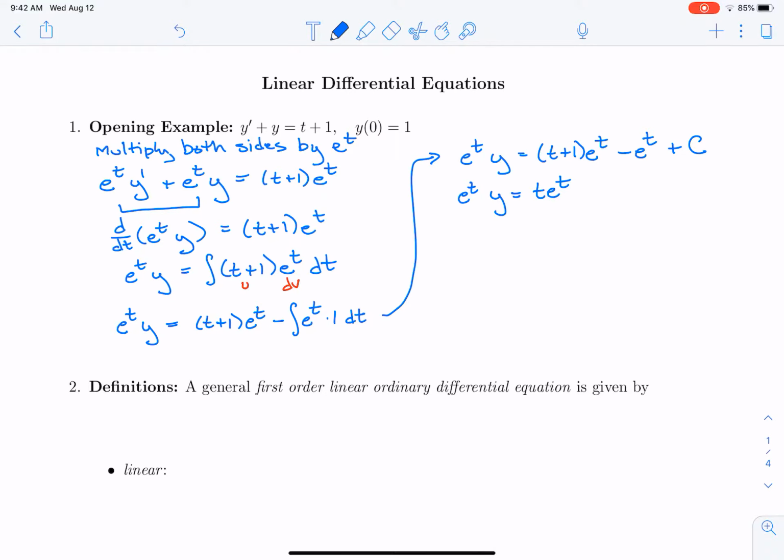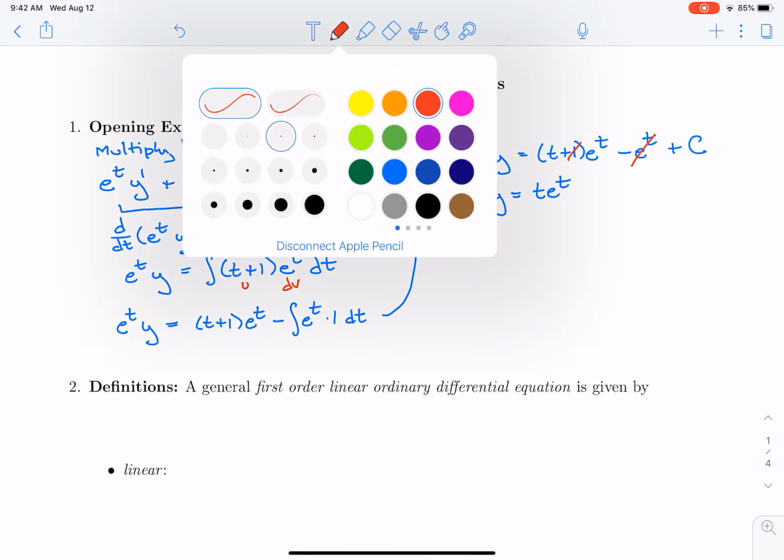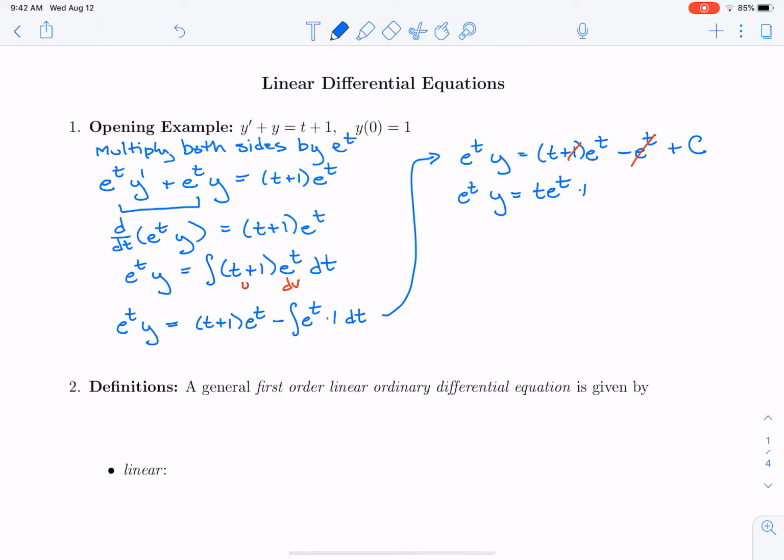And then I would be adding e to the t and subtracting e to the t. So those go away. So I'm left with plus c. So now I can solve for y. Y is equal to t plus, when I'm dividing by e to the t, that gets rid of the e to the t there. And then I'm going to have a c e to the minus t. And that gives me y.